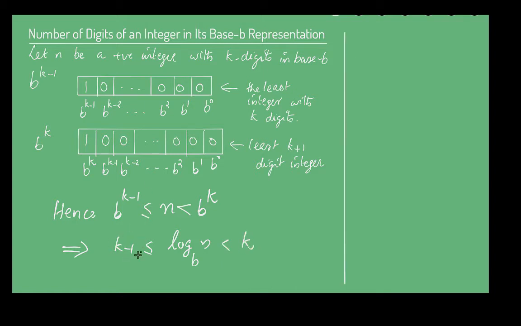Since k minus 1 and k are consecutive integers, we can say that the greatest integer function of log n to the base b, that is the floor value of log n to the base b, will be equal to k minus 1. Since we know that greatest integer function gives the largest integer which is less than or equal to the quantity given in the bracket.